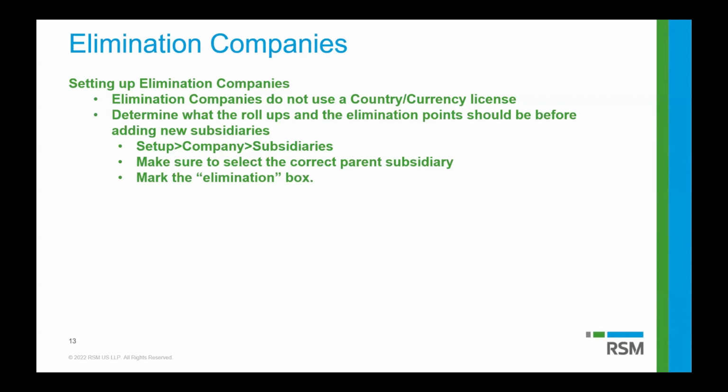So in this scenario, I have two levels of elimination, one to that European holdco and then one to the parent holdco. So it's important to sit down and look at your legal structure from a consolidated reporting standpoint and figure out where you need to be eliminating for statutory reporting on a consolidated basis.